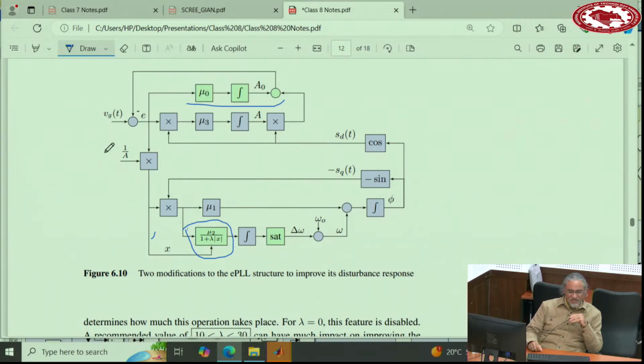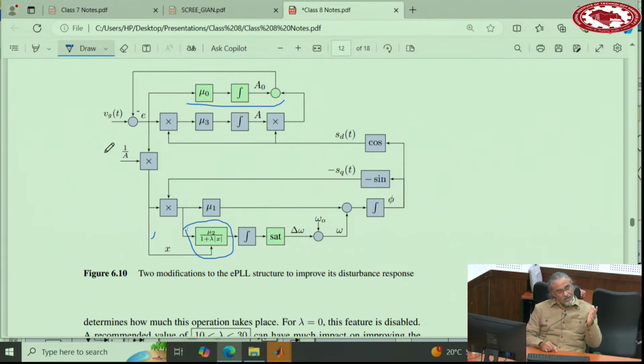As a result, if you don't have this one, you will see your frequency also experiences an oscillation, the frequency of the PLL. The grid frequency did not change, only the phase angle changed, but the PLL shows an oscillation of the frequency, because phase and frequency are related.